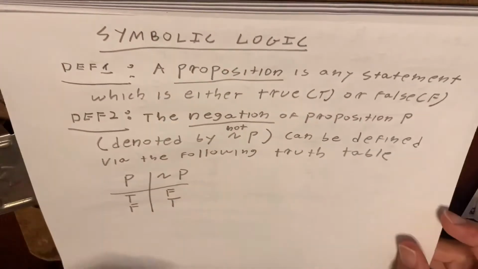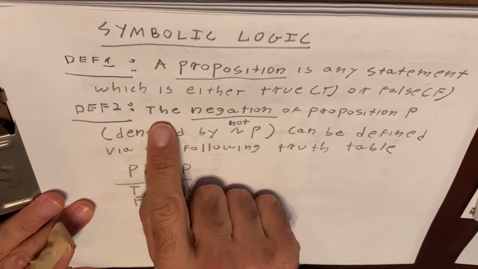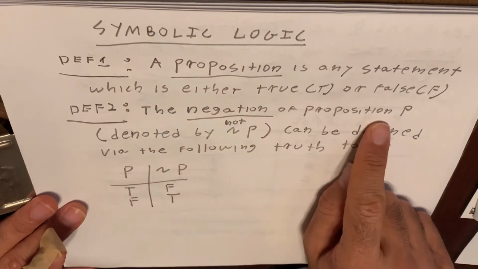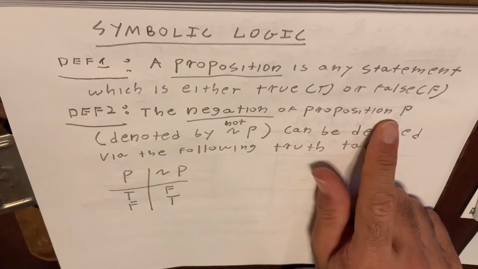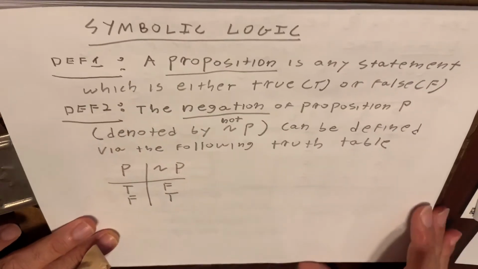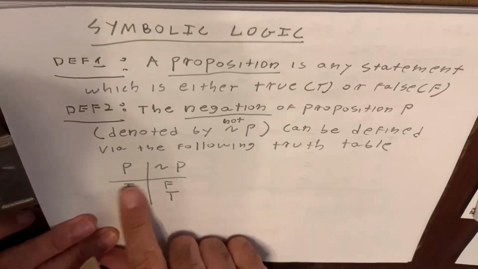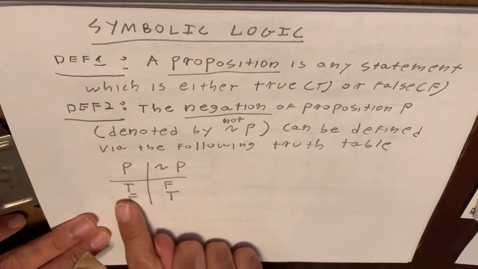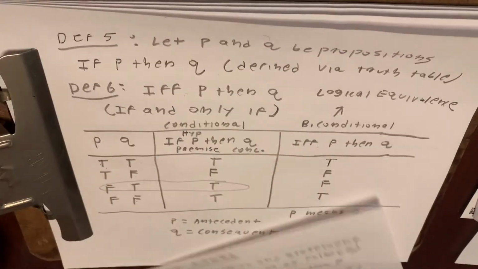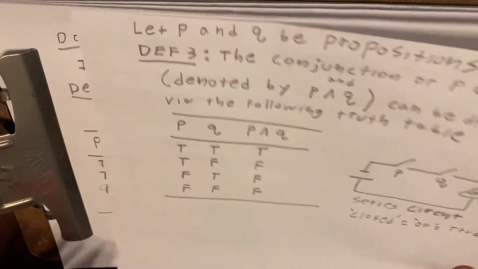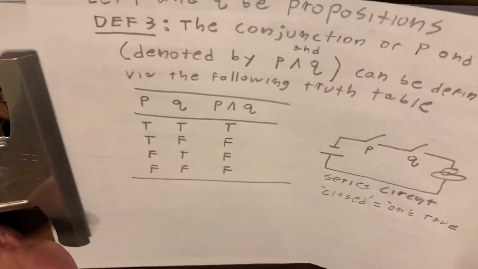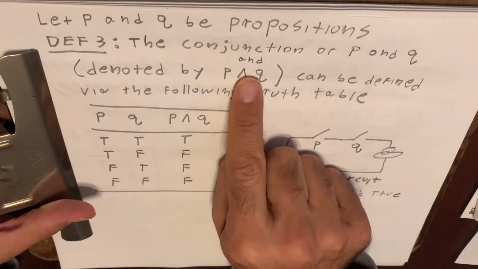Then what we did was we defined the term negation of a proposition, which we could call P without loss of any generality at all. And we denoted this not P using a simple truth table, just flipping the truth values. Easy. All right. Then the next thing we did was we really defined the term and. That's what we did here.